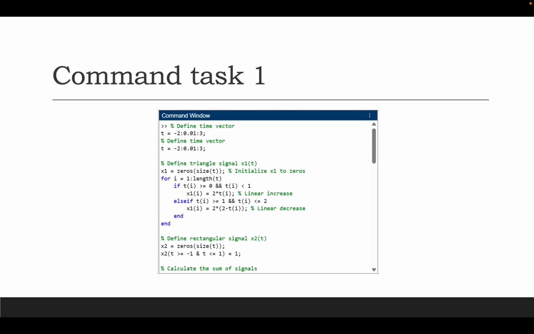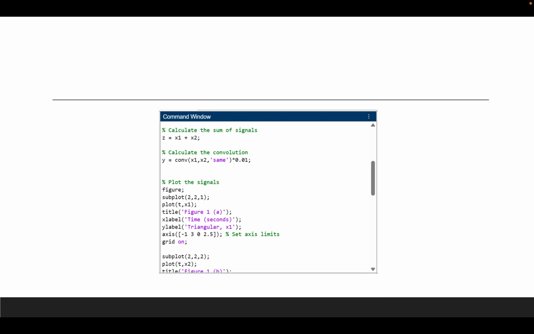The pulse is active between t equals -1 and t equals 1. So next, calculate the sum of signals, z equals x1 plus x2. And then calculate the convolution, y equals conv of x1, x2, times 0.01.